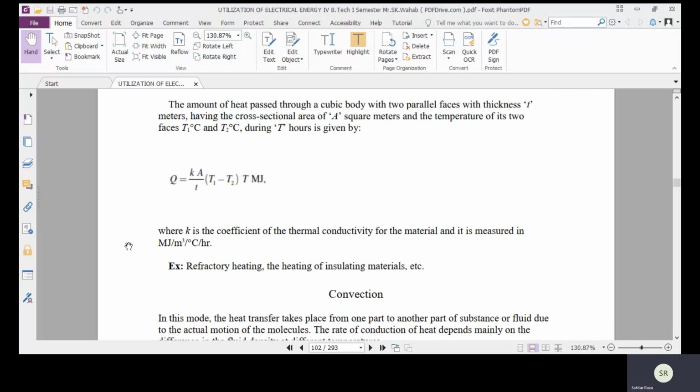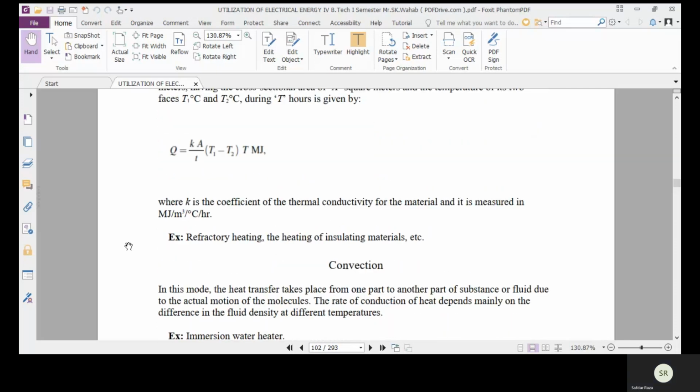The examples of conduction heating are refractory heating, the heating of insulating materials, and so on. So this is the first mode of transfer of heat, which is conduction.